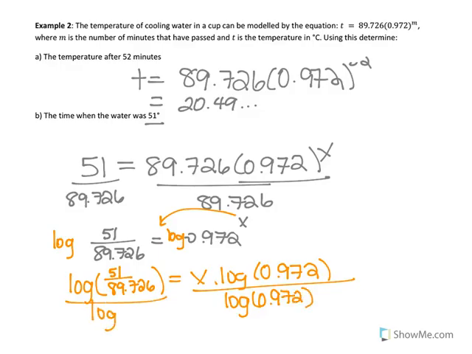So I can do that to both sides. So what you should be typing into your calculator is this. And the number that you should get is 19.82... So almost 20 minutes it would take to get to 51 degrees.